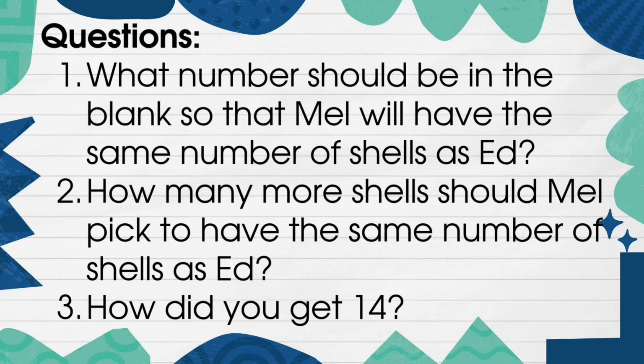What number should be in the blank so that Mel will have the same number of shells as Ed? Number 2. How many more shells should Mel pick to have the same number of shells as Ed? And number 3. How did you get 14?